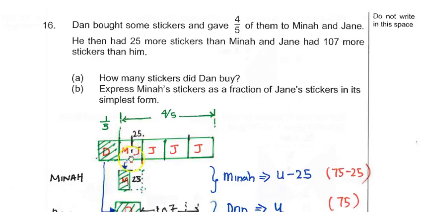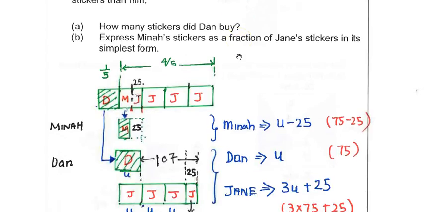This MJ here, 1, 2, 3, 4. This is given away. This small part is given to Mina. This one small part and 3 units here is given to Jane. Okay, now how do I know this? Now, one by one. He then had 25 more stickers than Mina.